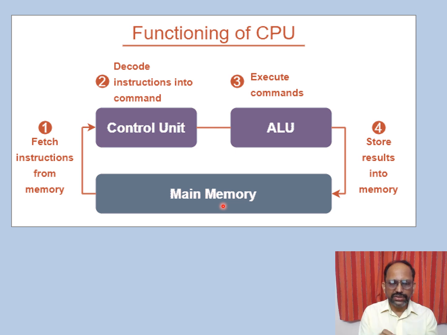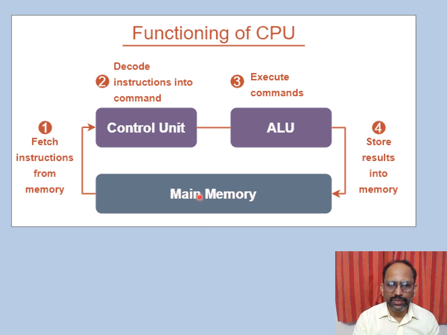I'll give instruction to the computer that accept the data, process the data, and give me the result, that is the total. All these things will be given in the form of an instruction to the computer. Those instructions will be stored in the form of a program. That program will be stored in the memory of your computer.